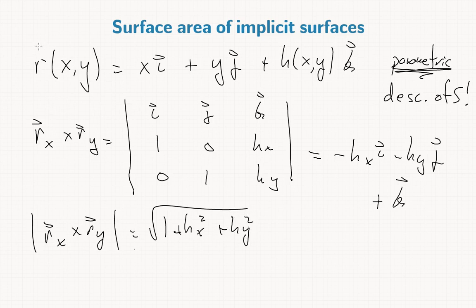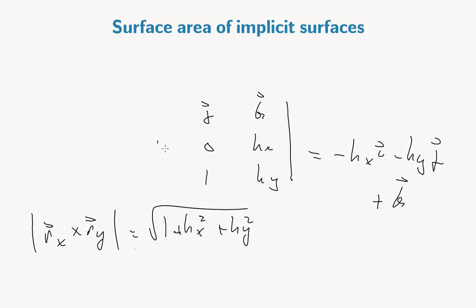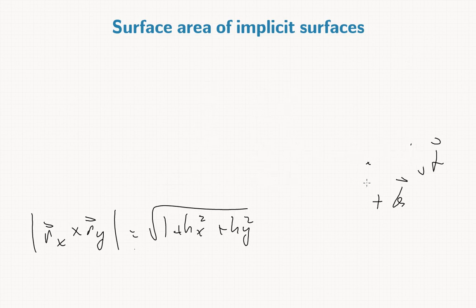Well, so far this isn't all that helpful since we don't know what h is, so how can we figure out what hx and hy are? Well, we can do this using implicit differentiation.